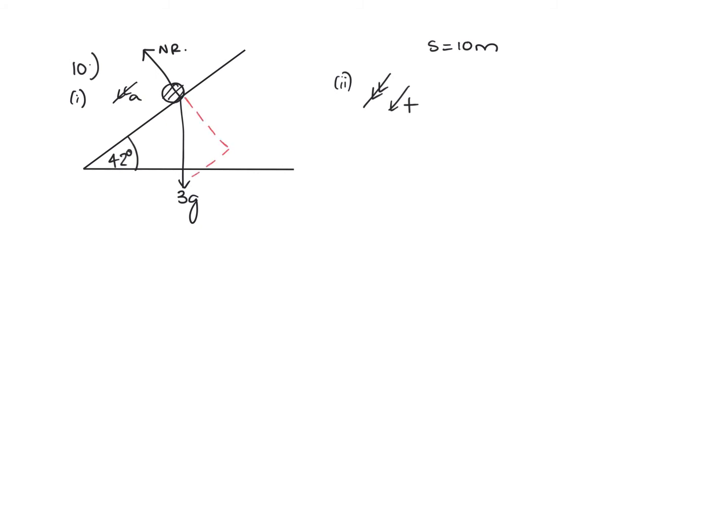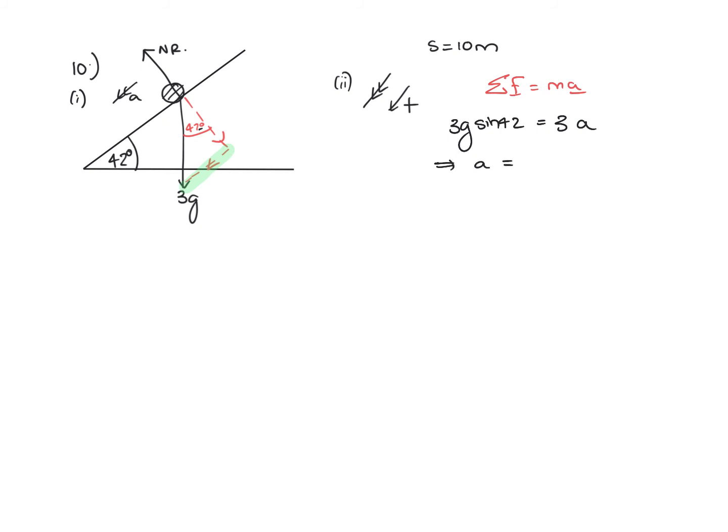Resolving our weight into 2 components using this triangle here, the only direction that we end up having to work with is the parallel direction, the direction of motion parallel to the slope. When we apply F equals ma, there is only one component at work, so that's 3g sine 42 degrees, highlighted in green, and that equals the mass, which is 3, multiplied by the acceleration a.